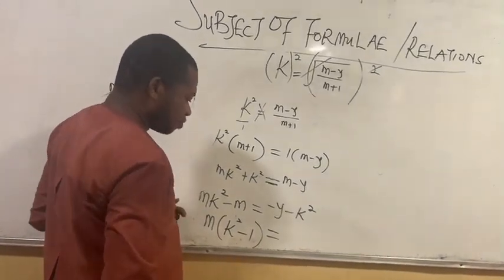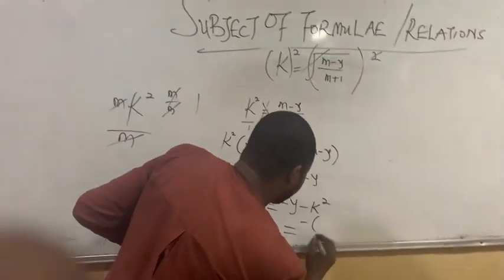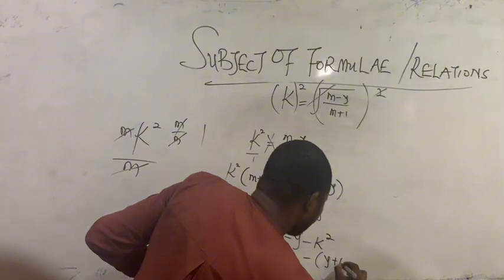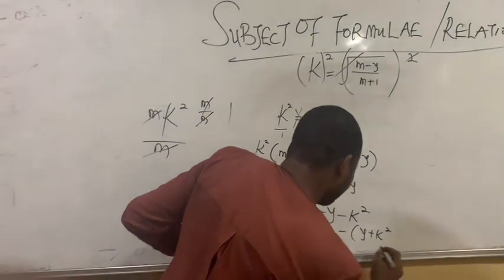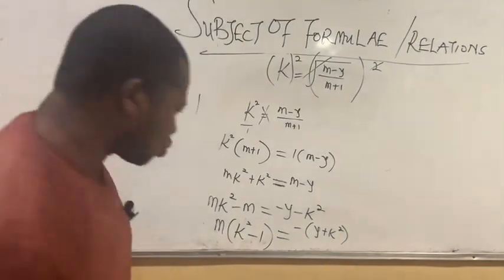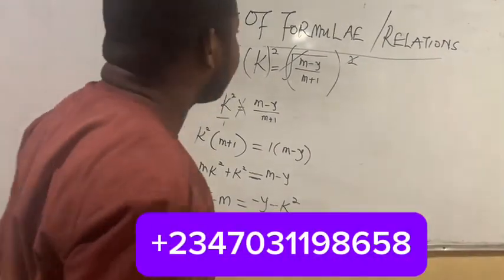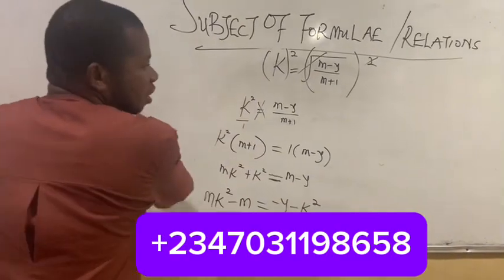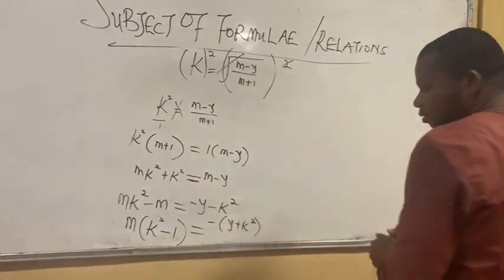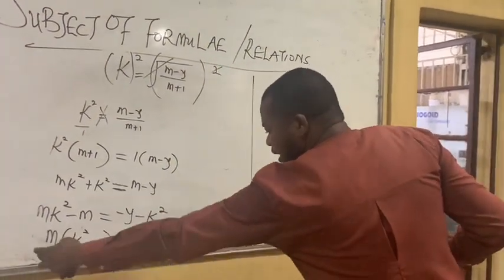Okay? I can decide to do it this way. Minus is common, I bring it out. So I'm going to have y plus k squared. Okay? For this. So at the end of the day, let me continue from this end. Mind you, this is what we are having.